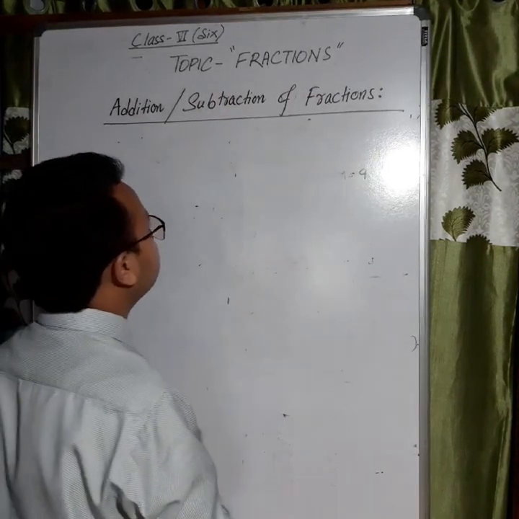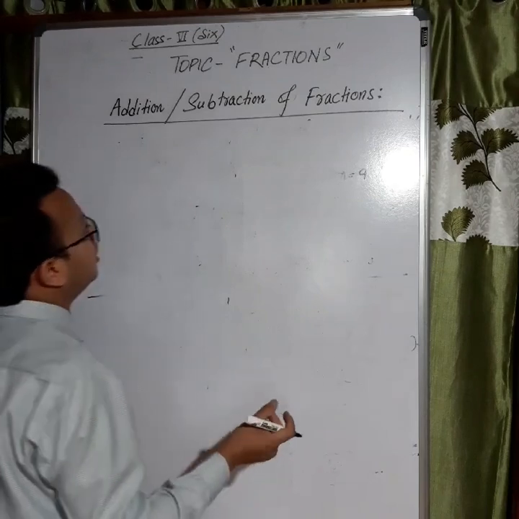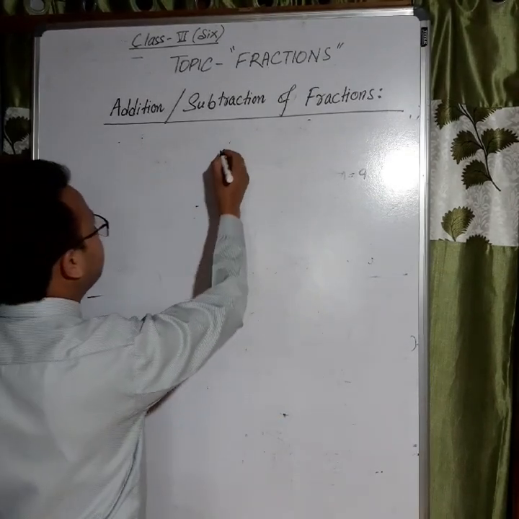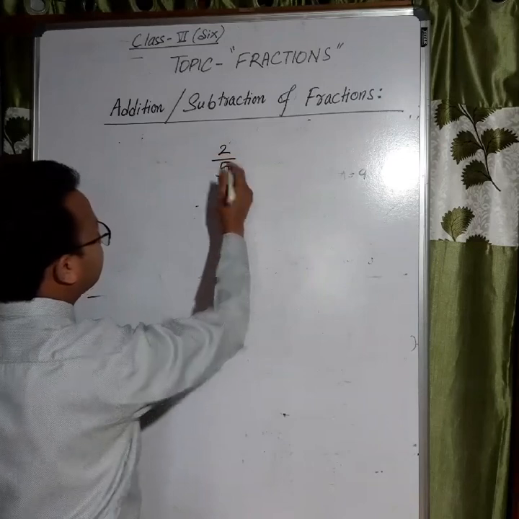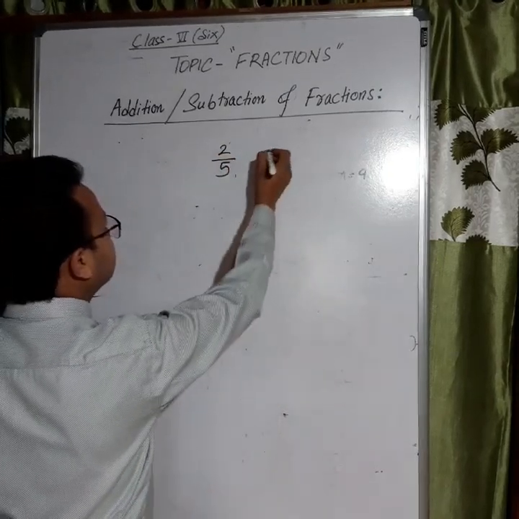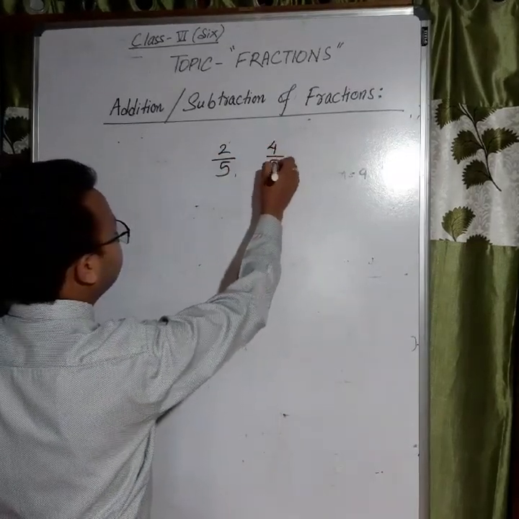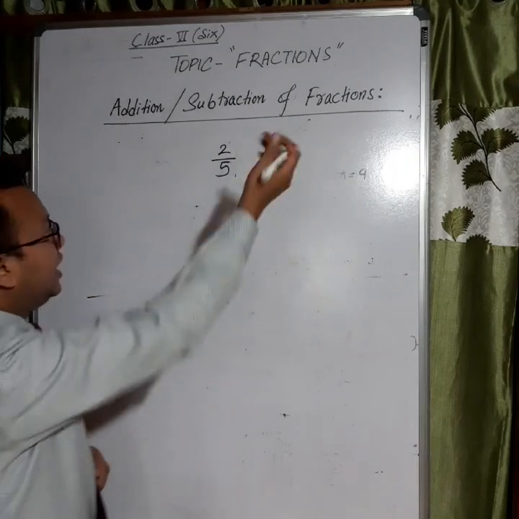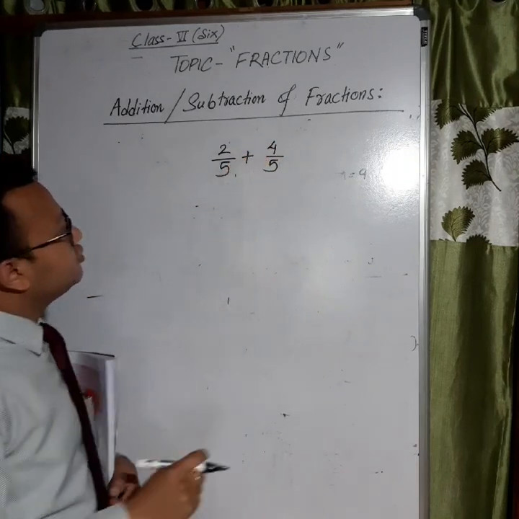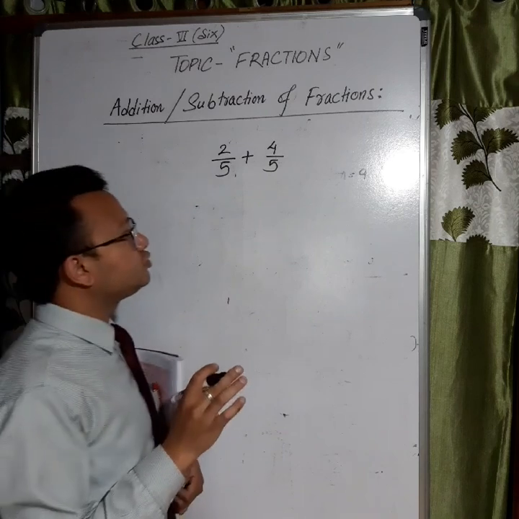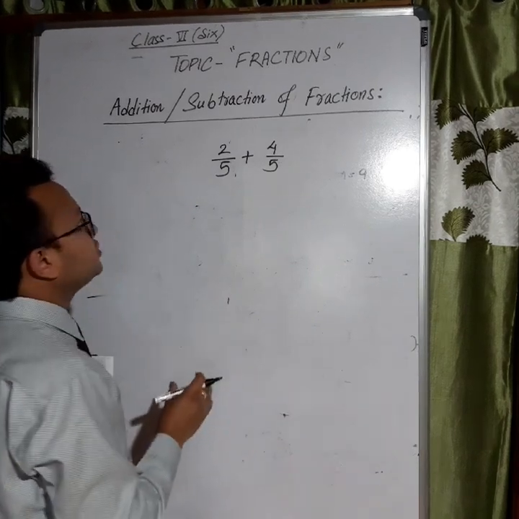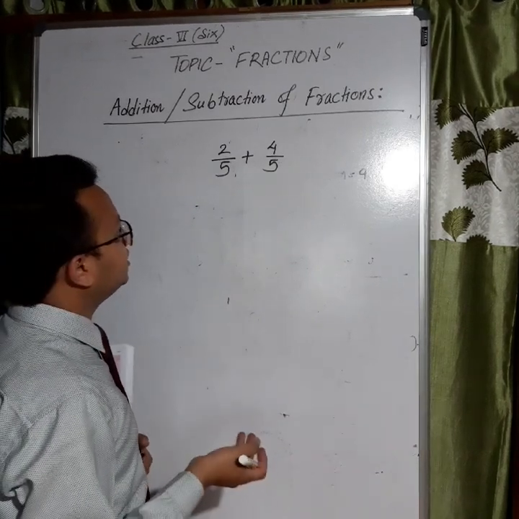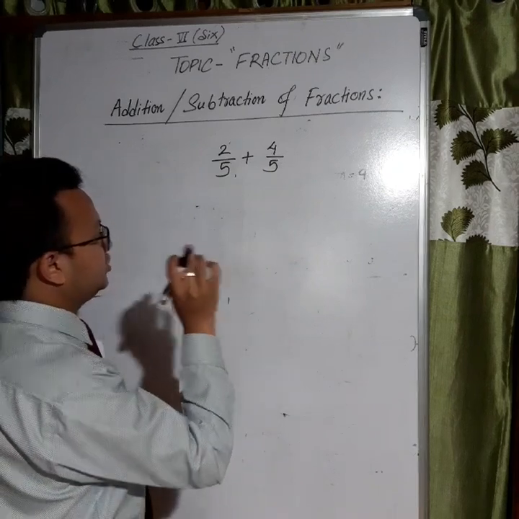Let us take an example. Suppose I have a number as 2 by 5 and another number as 4 by 5. If you are adding these numbers, the first and foremost rule for adding or subtracting is that we see the denominators first.